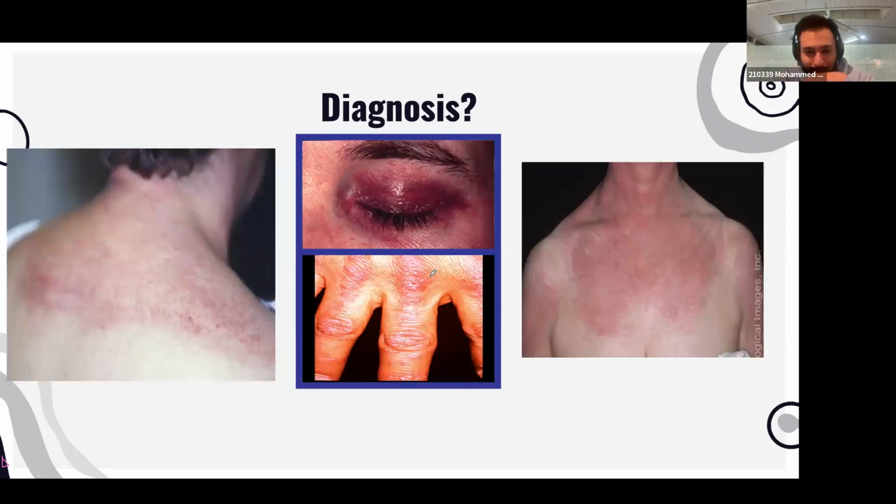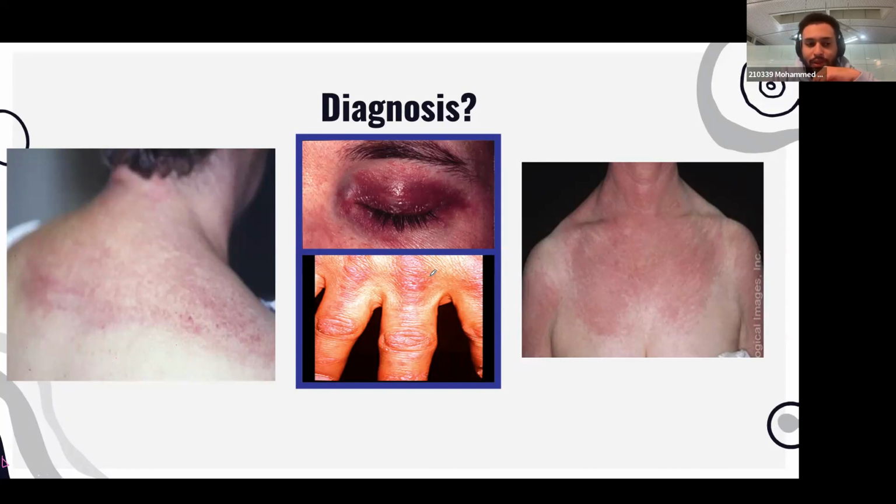Okay. Now, can someone tell me the diagnosis of this very high yield disease? Dermatomyositis. Perfect. Good. Now, dermatomyositis affects two systems typically. You have dermatology, myo, muscle.